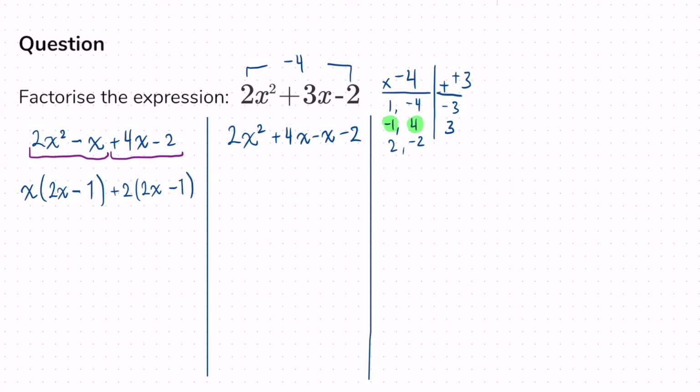You should immediately see that these two are the same. We've got a common factor now between these two situations here. That means I'm on the right track. When I go to factor these two terms, I have a common factor, which is 2x minus 1.